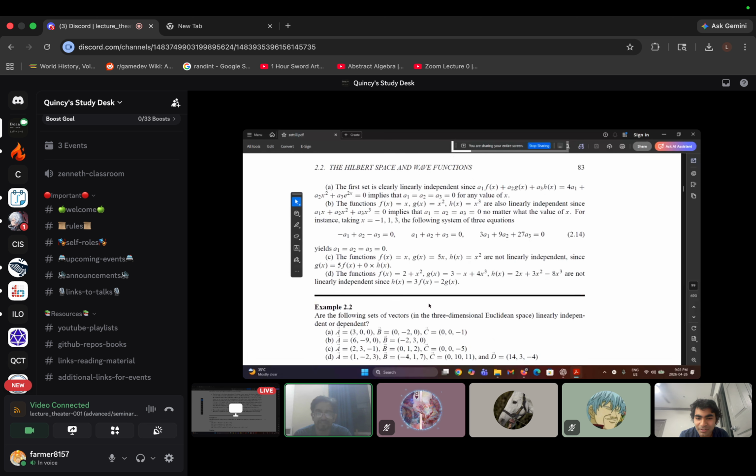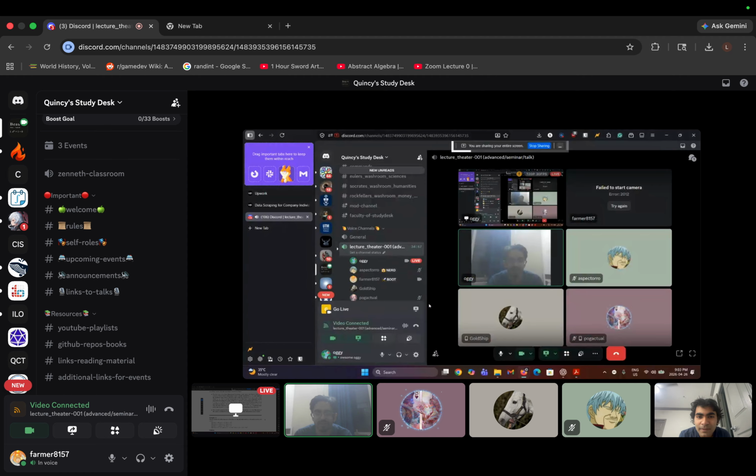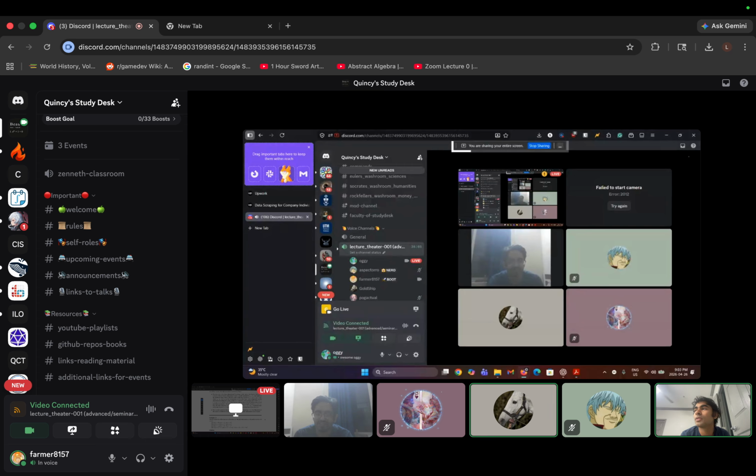The Wronskian is a concept from differential equations. I think we can use the Wronskian matrix to check if it's linearly independent or not, if it's complicated. It's like a brute force way.